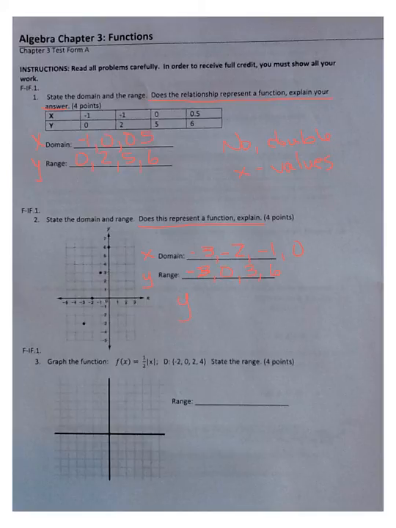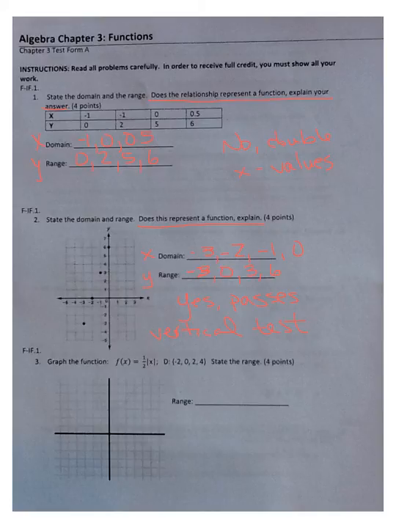And this does, because it passes the vertical line test. You could also say there's no repeating x's, okay? Exactly 1 x is paired with exactly 1 y, type of thing.